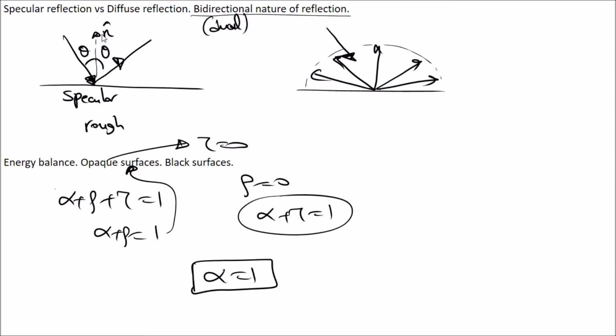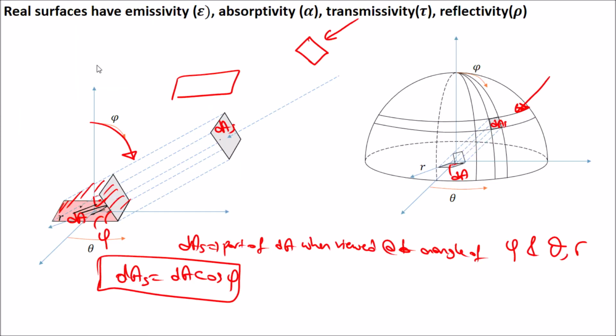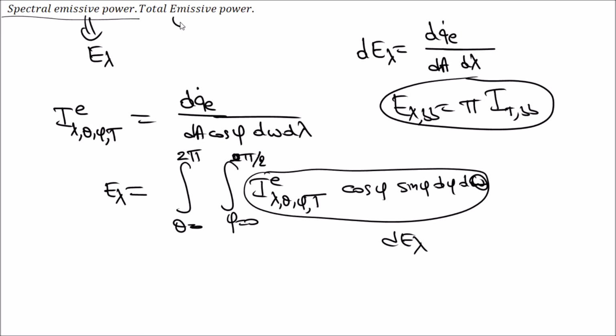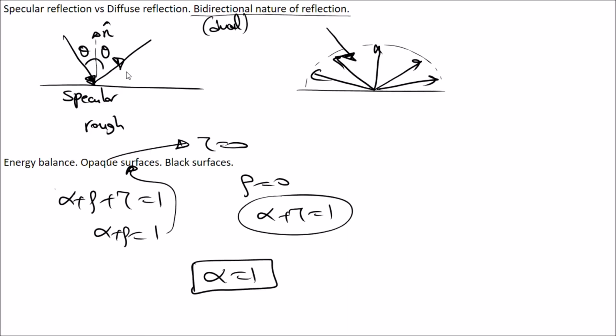And now comes the spectral irradiation, which was G here, and the total irradiation. We'll start from the total irradiation, which is very easy. It is very similar to the total emissive power E, but now we are talking about irradiation.